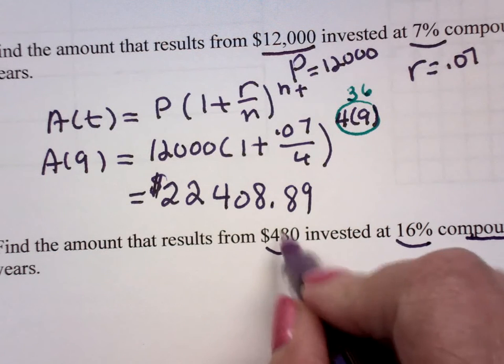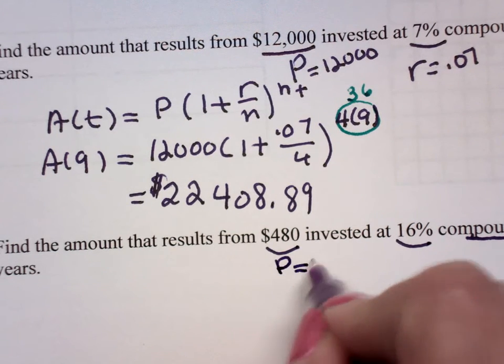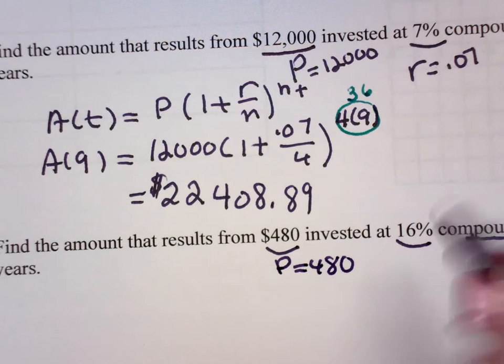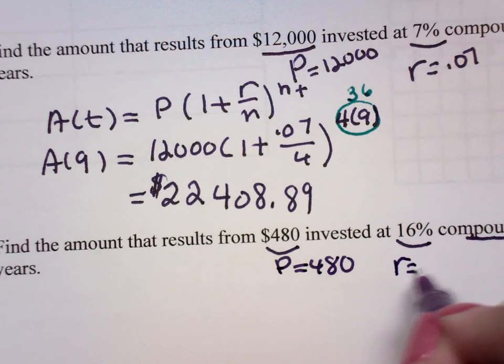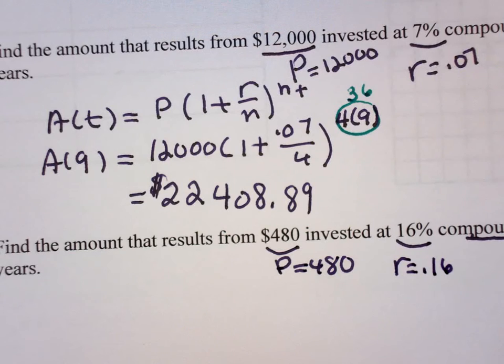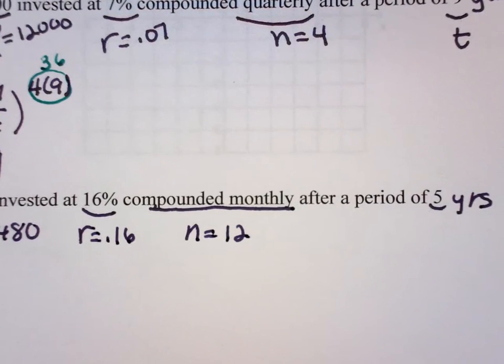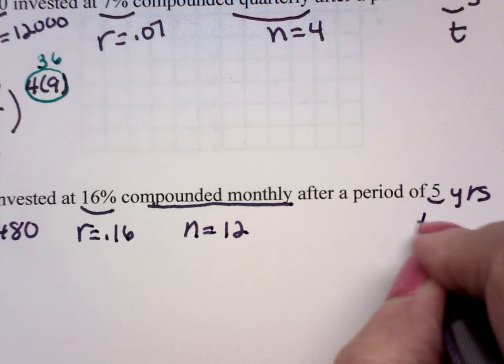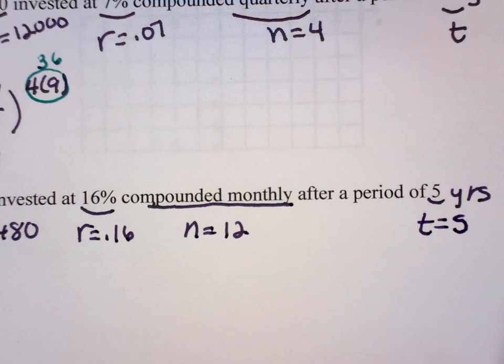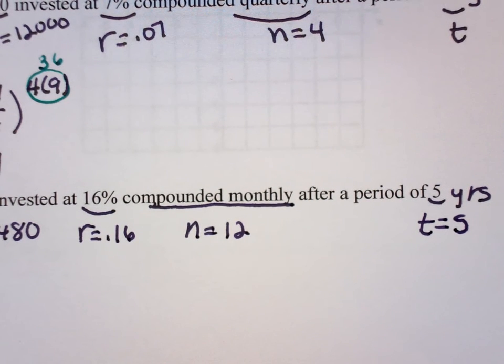So let's see, 480, that's P. 16%, that's R. Monthly, that's N equal 12. 5 years, that's T equal 5. So now you plug and chug it into the formula.